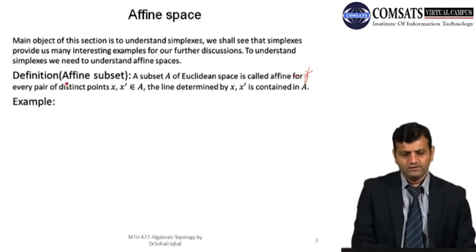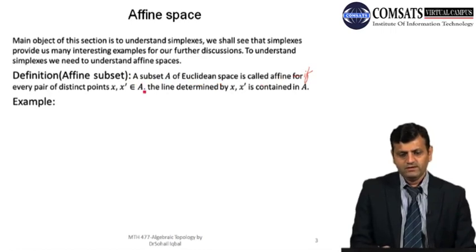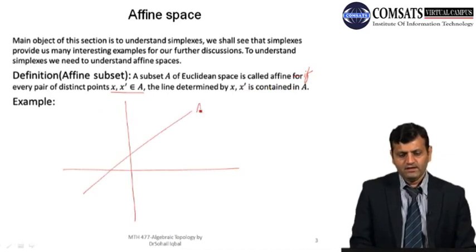So, starting with our first definition of affine subset, a subset A of Euclidean space is called affine if for every pair of distinct points x, x prime, the line determined by x, x prime is contained in A. So consider the example of plane and consider this set A of R2.